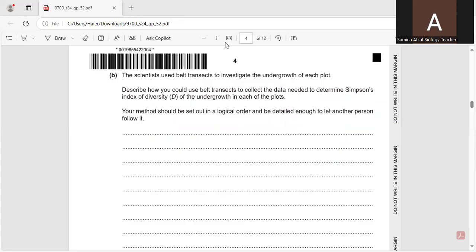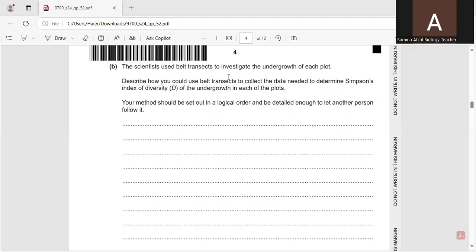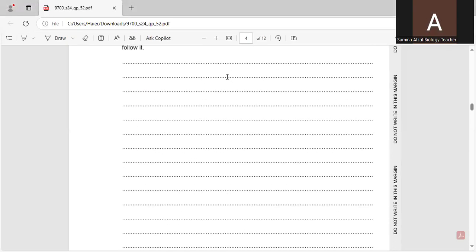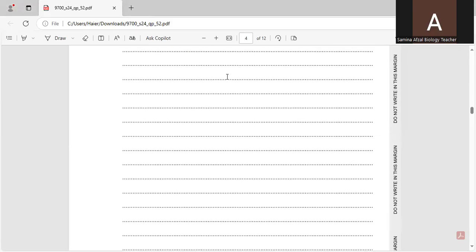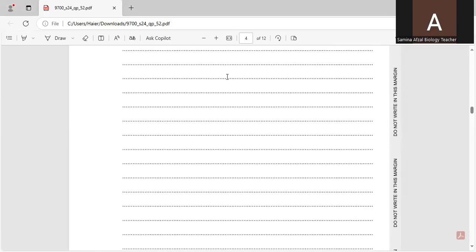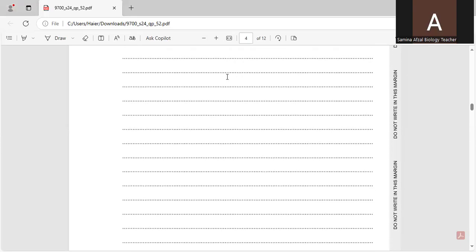Students, you had discussed the belt transect method in the chapter. This question is of 5 marks, so we have to write the points which will help you gain the 5 marks.